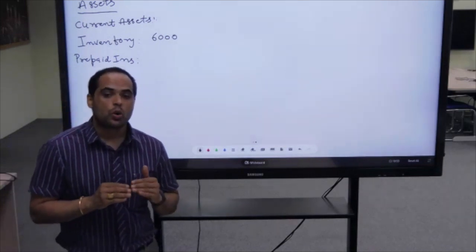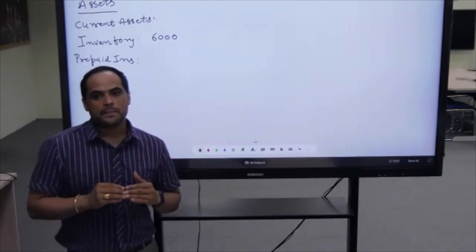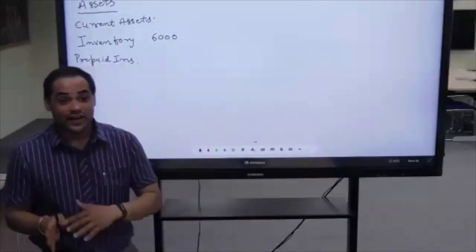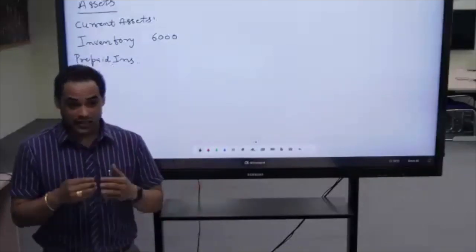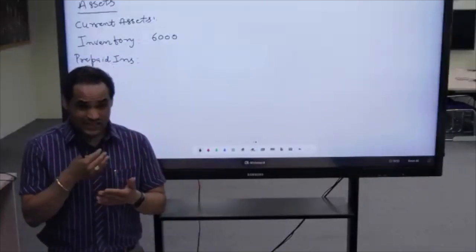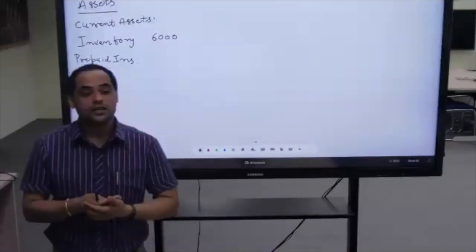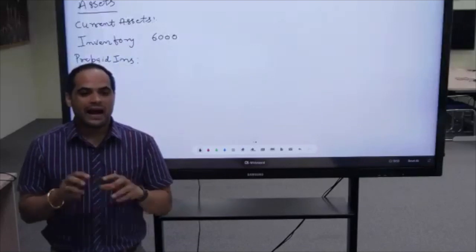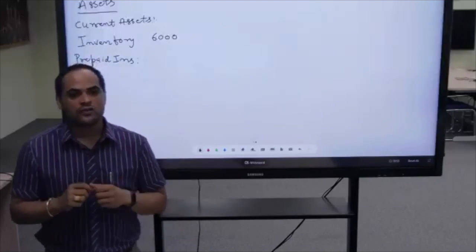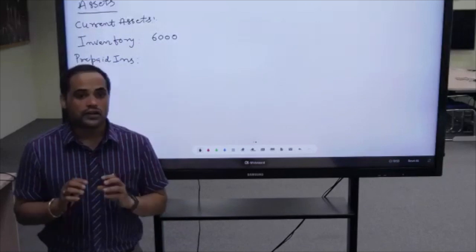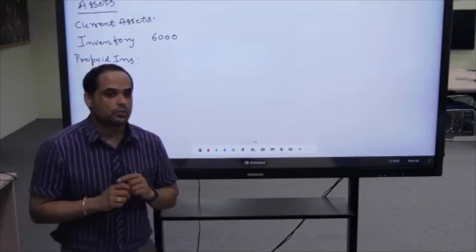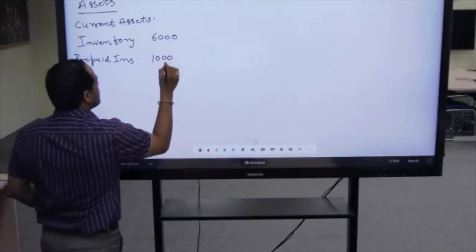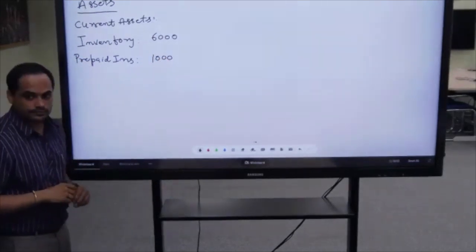We're going to write down only prepaid insurance, not the total. 5,700 is a total balance of the insurance. But if you look at your adjustment, it says that 1,000 we paid for next year. So 1,000 is your balance of prepaid insurance, which is part of your current assets, right? Not the 5,700. So keep in your mind, 1,000 is your prepaid insurance.